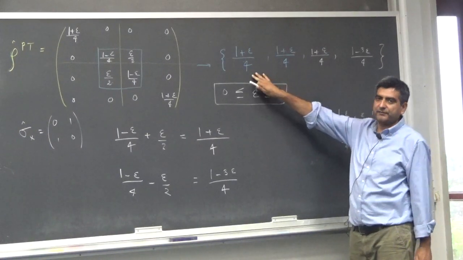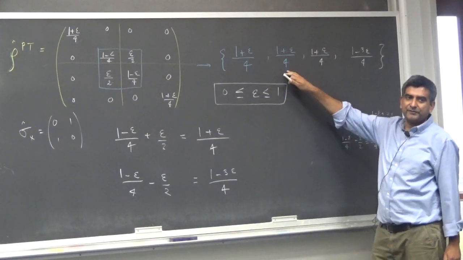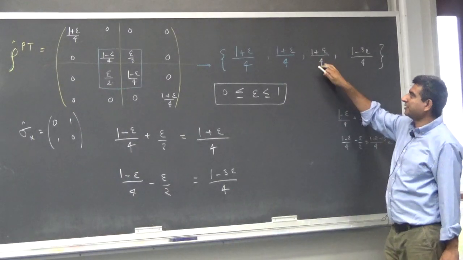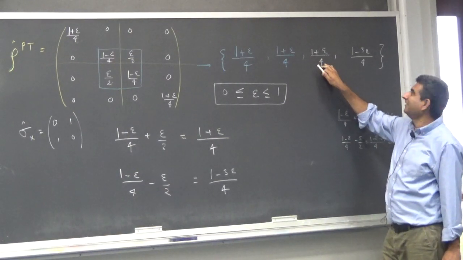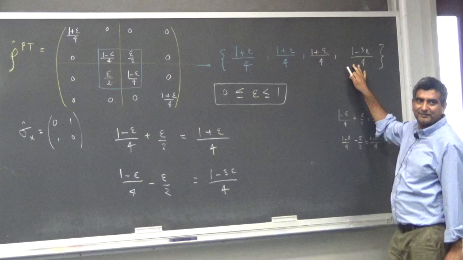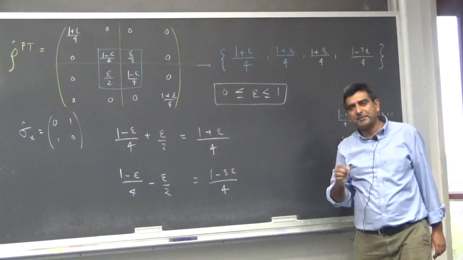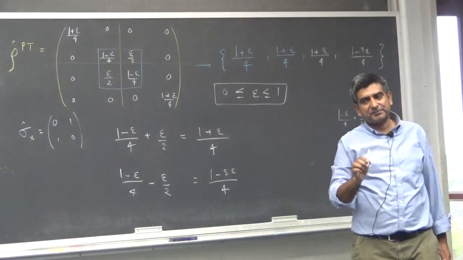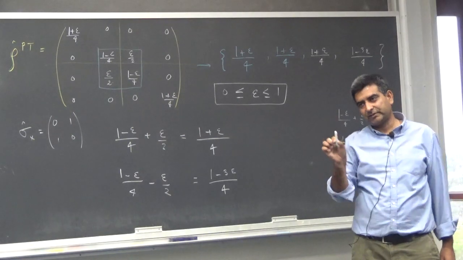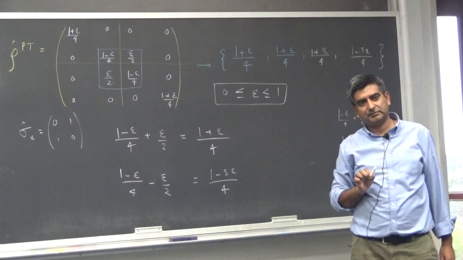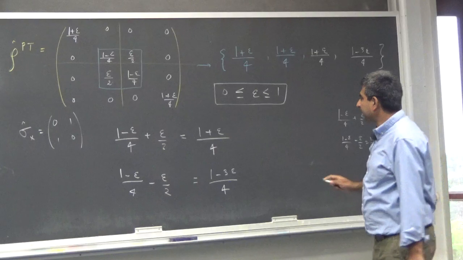Now, this is always positive, always positive, always positive. But what about this? This can be positive or negative. And it's positive when epsilon is bigger than 1/3. So this is our threshold.